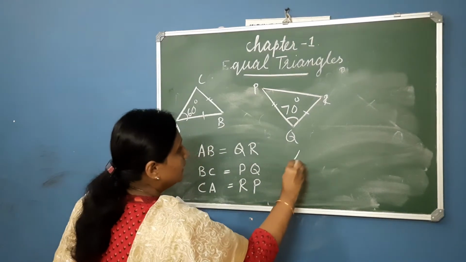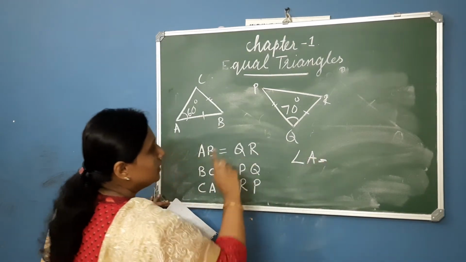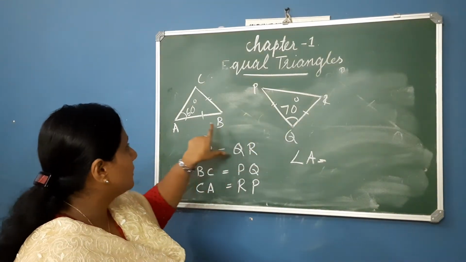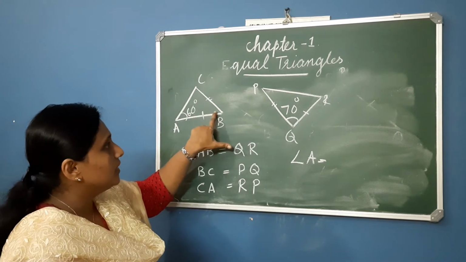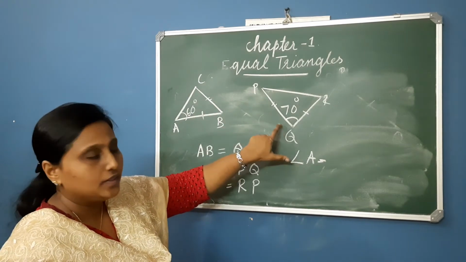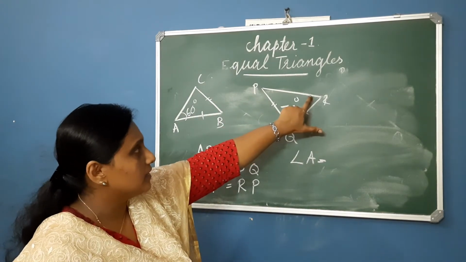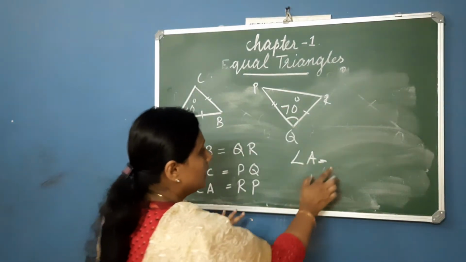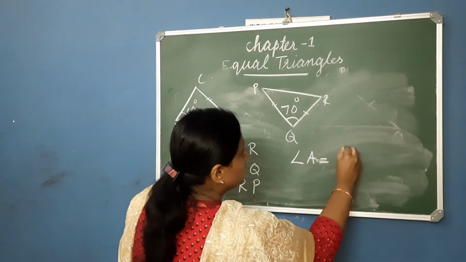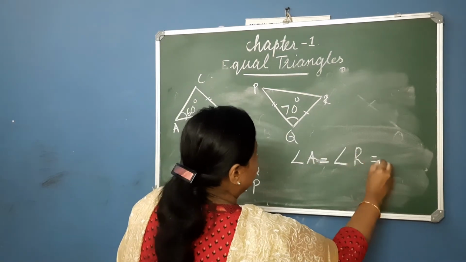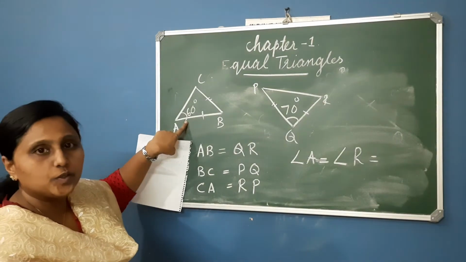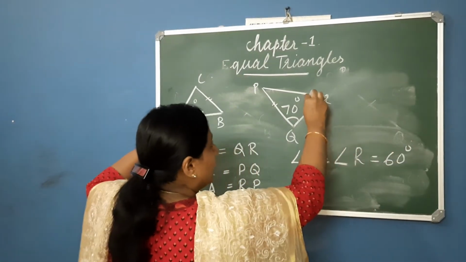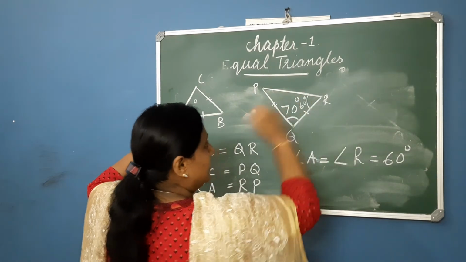That is angle A, which is the angle equal to angle A in triangle PQR. The side equal to BC is PQ. Therefore, the angle opposite to PQ is the equal angle to angle A. That is, angle A is equal to angle R. We have given angle A equal to 60 degree. So, angle R is equal to 60 degree.